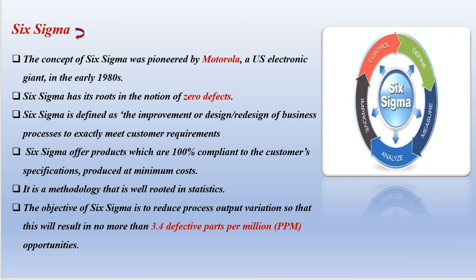It is a methodology that is well rooted in statistics. The objective of Six Sigma is to reduce process output variation so that this will result in no more than 3.4 defective parts per million opportunities, ppm. That is, 3.4 defectives out of 10 lakh opportunities. So very few defectives occur in this Six Sigma methodology.